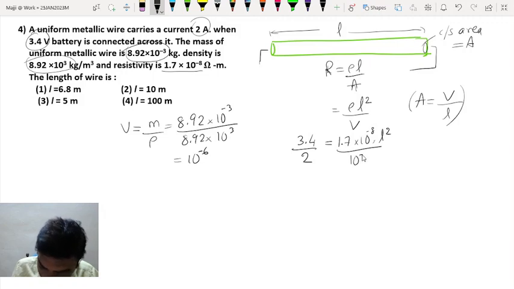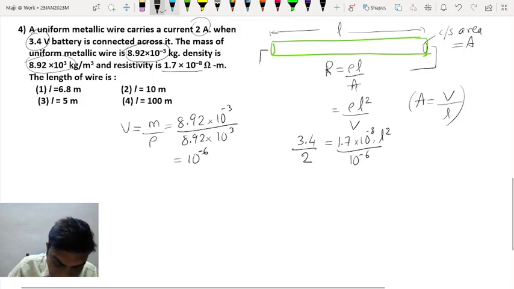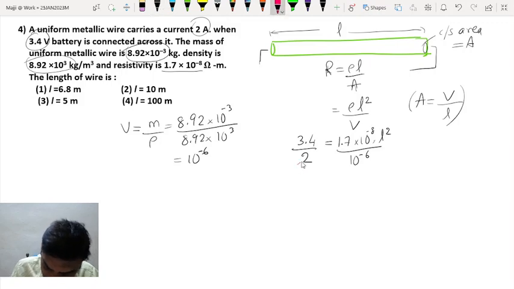Volume is 10 power minus 6. So as you can see, 2 into 1.7 and 1.7, the 1.7 gets cancelled. You have L square equal to 10 power minus 8 becomes plus 8.